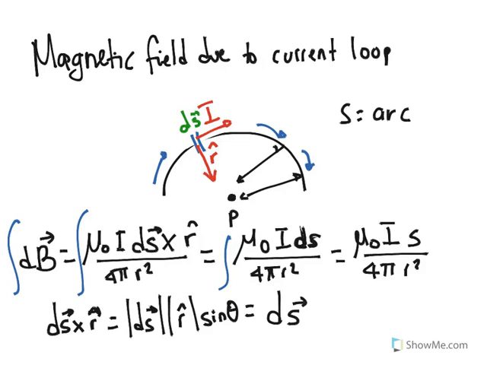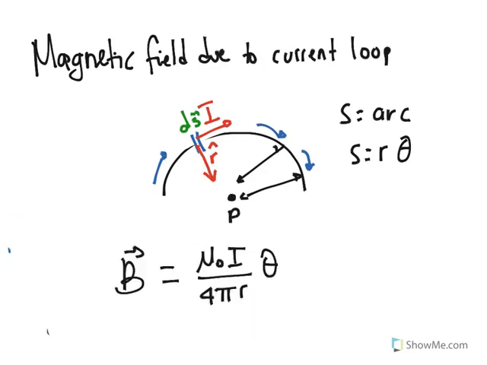And then we can turn this arc S, and let's remember that S is the arc, which is r times theta, so we can state that this is r times theta, and of course we can cancel one r with one r, such that at the very end the magnetic field is mu 0 I times theta, theta being, for instance, the radians of the circle or of the arc that we're having.